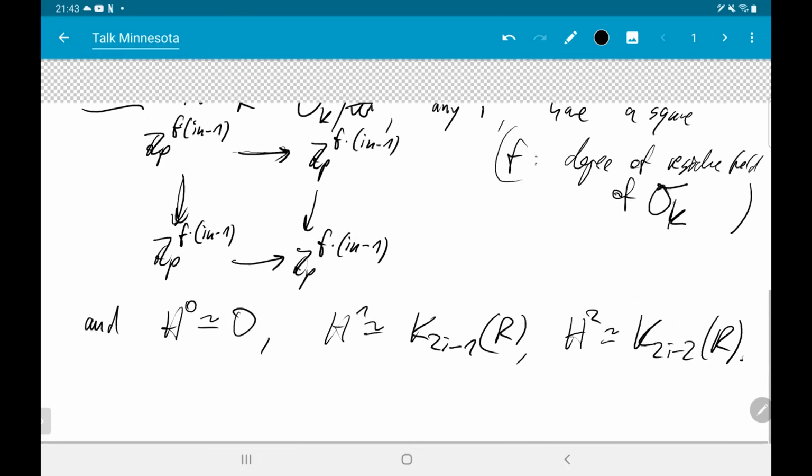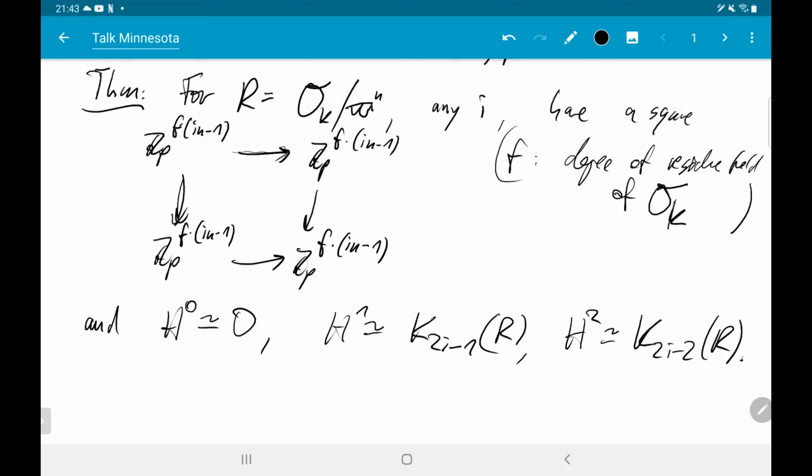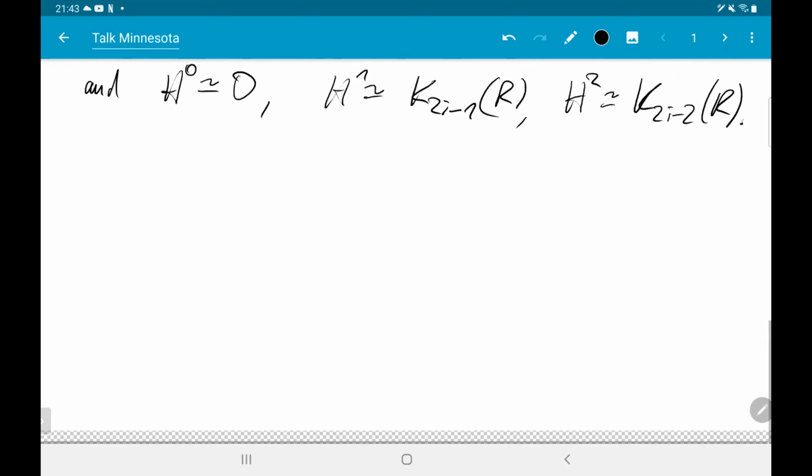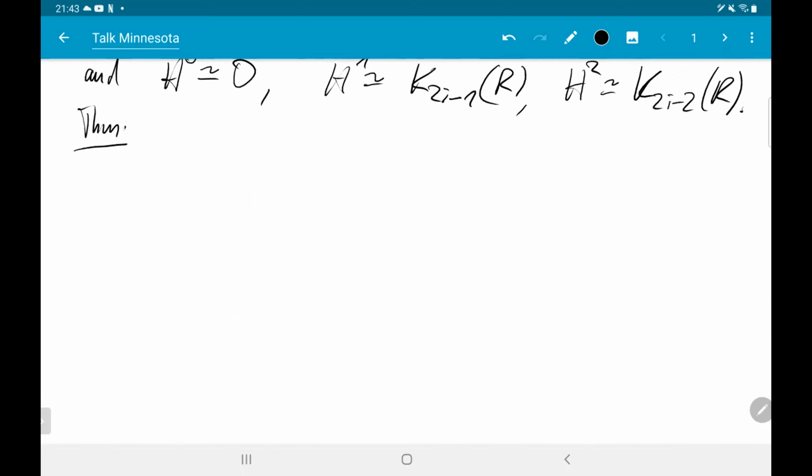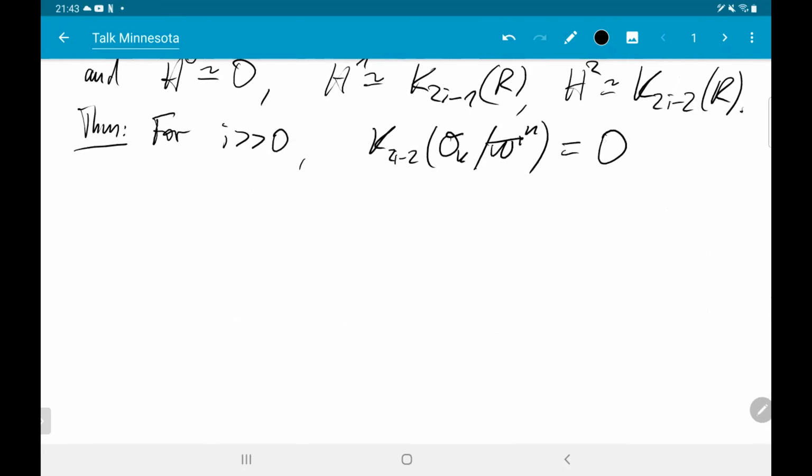And that's all nice and well, but we can also use this to prove some actual patterns that work for all degrees. So we can also show what we call the even vanishing theorem, which is that for large i, depending on your ring R, and we have explicit bounds, the even K groups are actually 0.